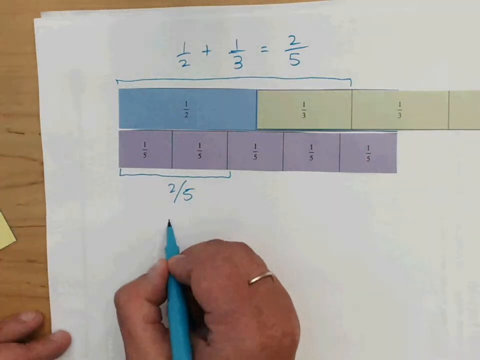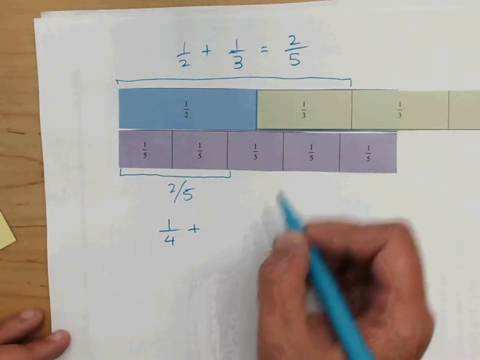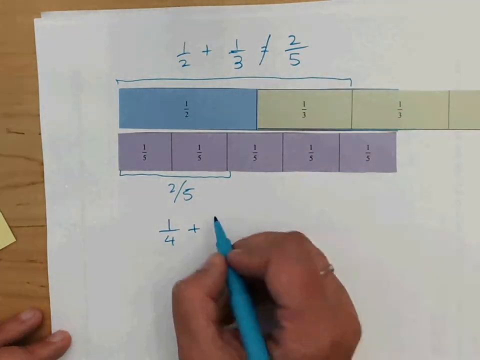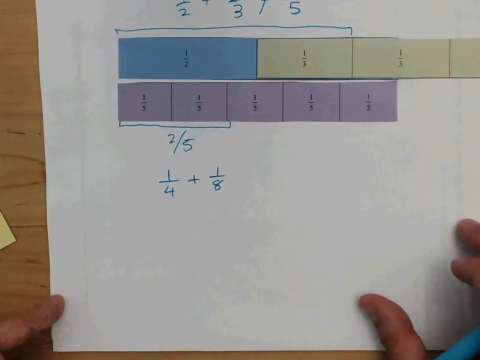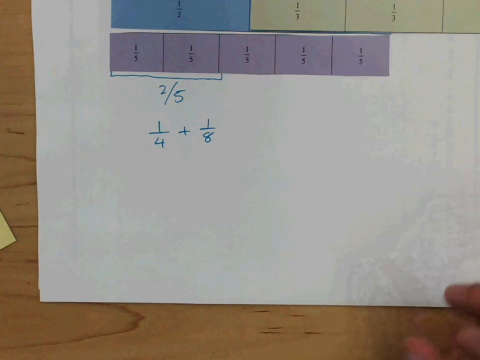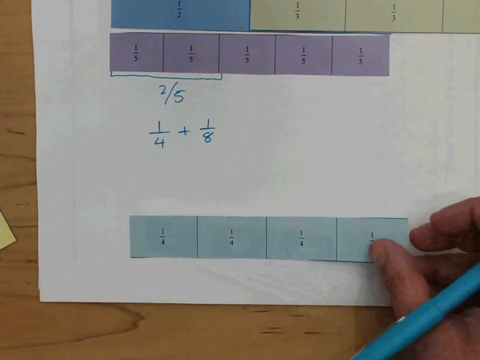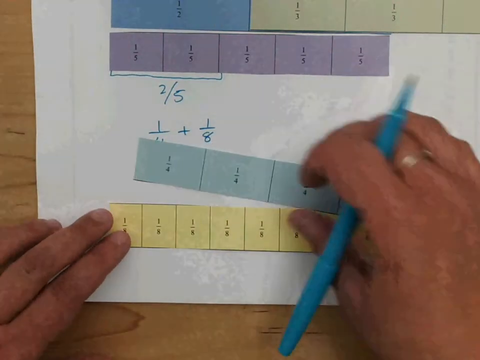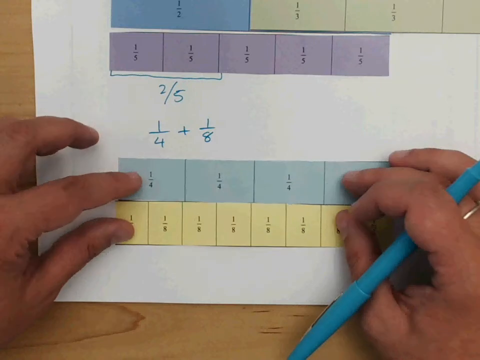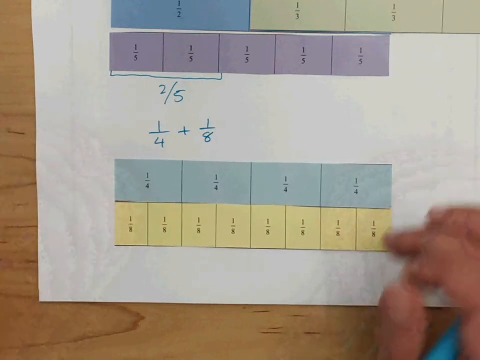What if I wanted to add 1/4 plus, and these are not equal, okay, 1/4 plus 1/8? What would be the common denominator that I could use between 4 and 8? So let's get out our 8ths and our 4ths, and let's try lining them up first.